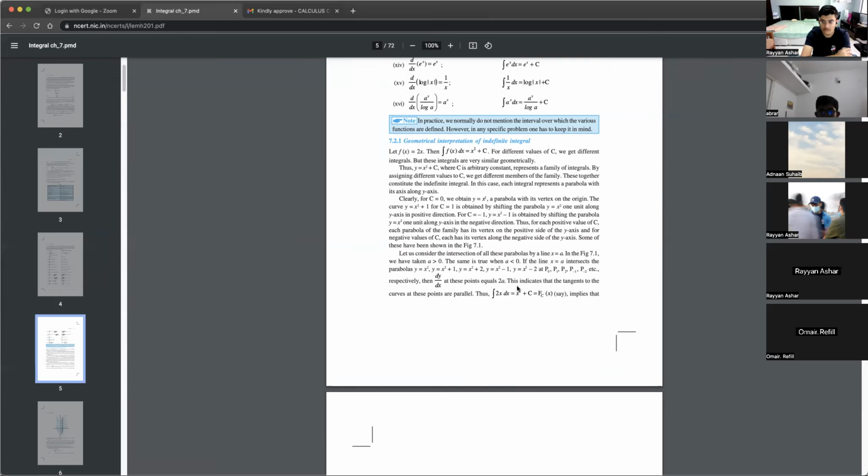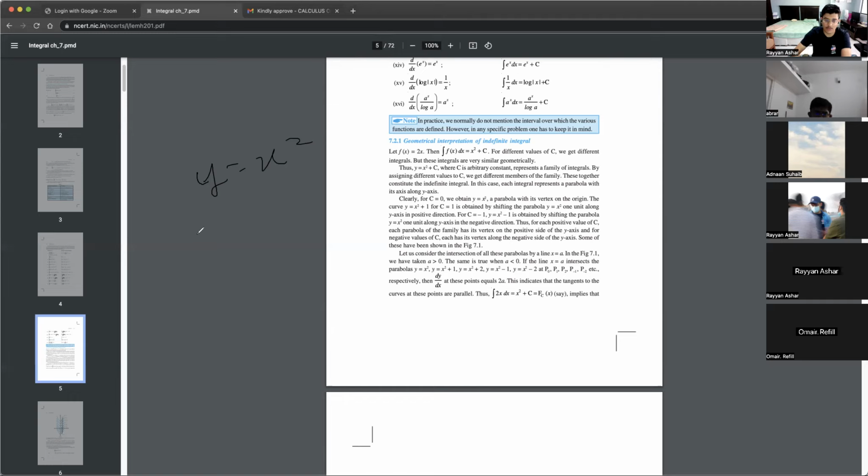Because they are parallel. Well, no. If we look at it mathematically, we know that the given function is y is equal to x squared, and for all of these other functions, it's y is equal to x squared plus 1, plus 2, which differ by constants.